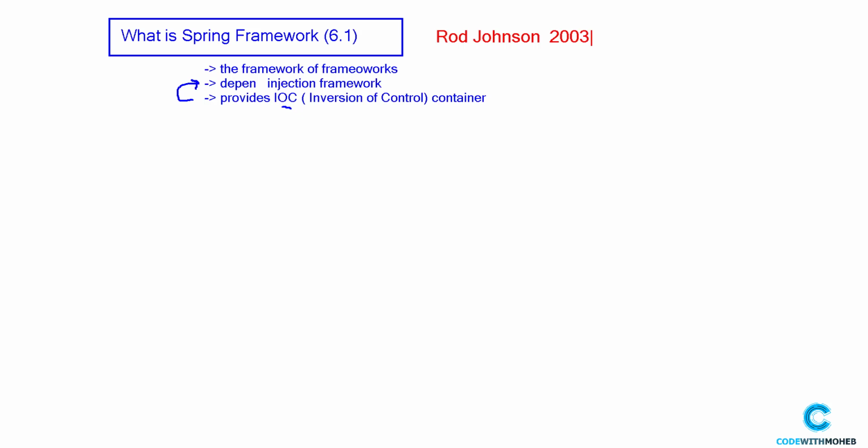Now, I talked about two terms: dependency injection and IOC, or inversion of control. They are very important in Spring, because in every lecture or YouTube video about the Spring Framework, you will most probably face or hear these terms, dependency injection and IOC.